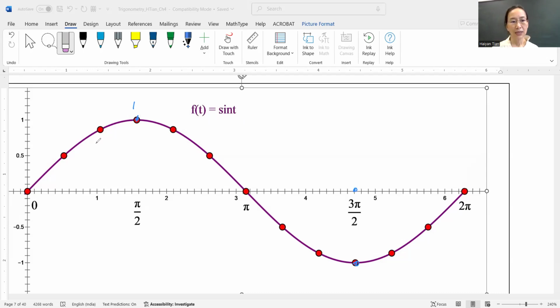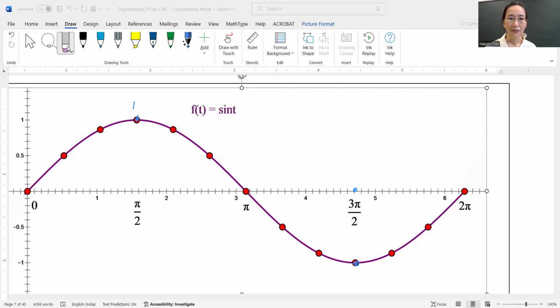So if we only look at a complete cycle of the sine curve, but remember the t can continue to increase. That means after you get one complete rotation, you can still increase t, make the t value larger than 2 pi.